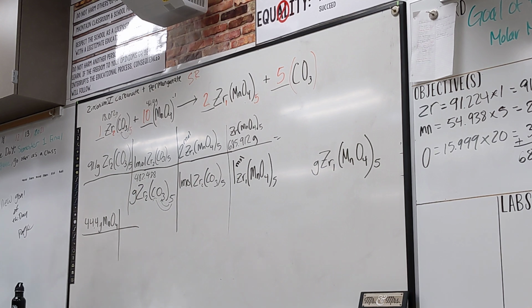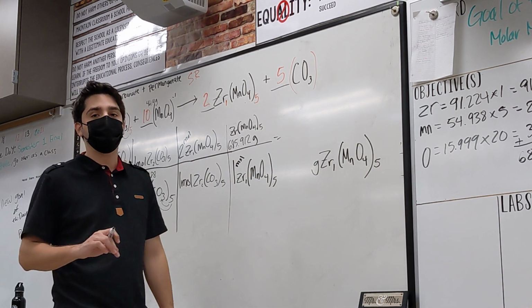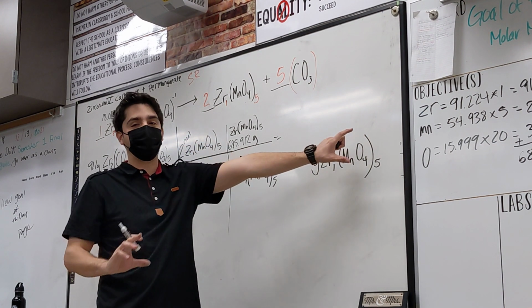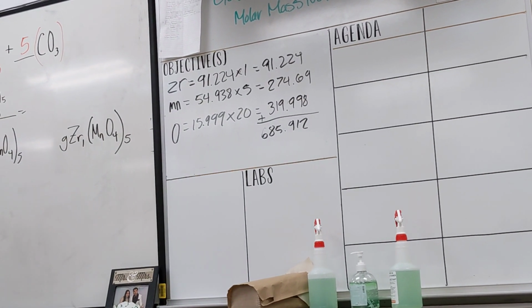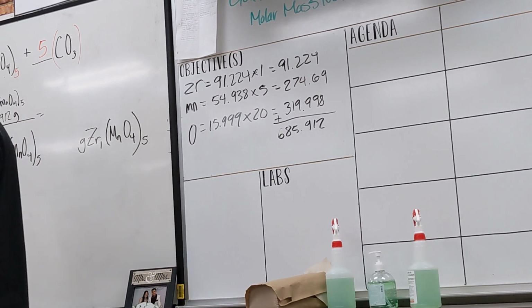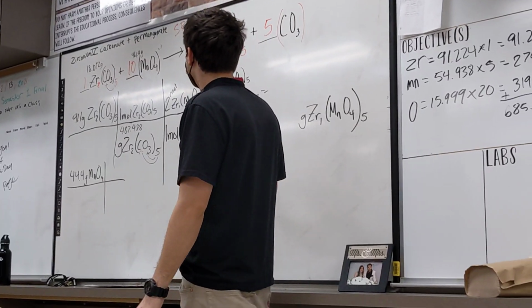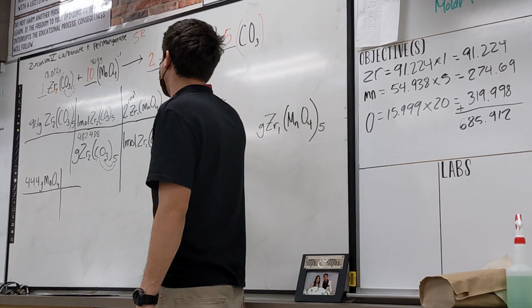You can't see this part? No, it cuts off at the equal sign. Just zoom in really quick. All right, so it's this times this times this times this. 91.1 times 2 times 685.912.